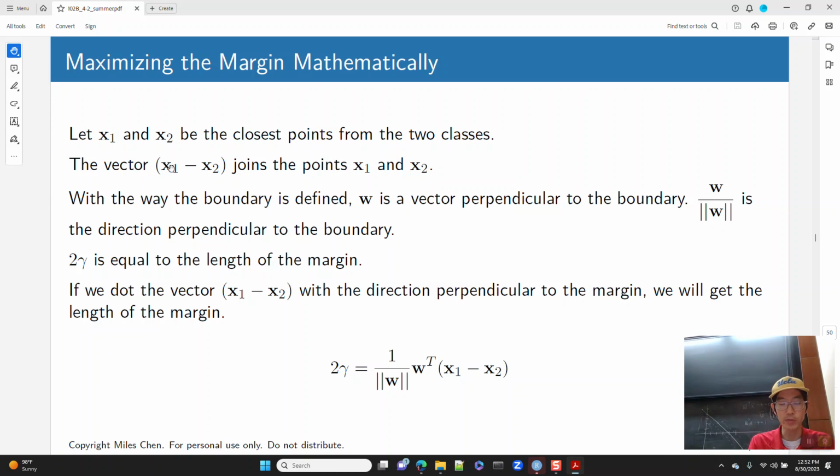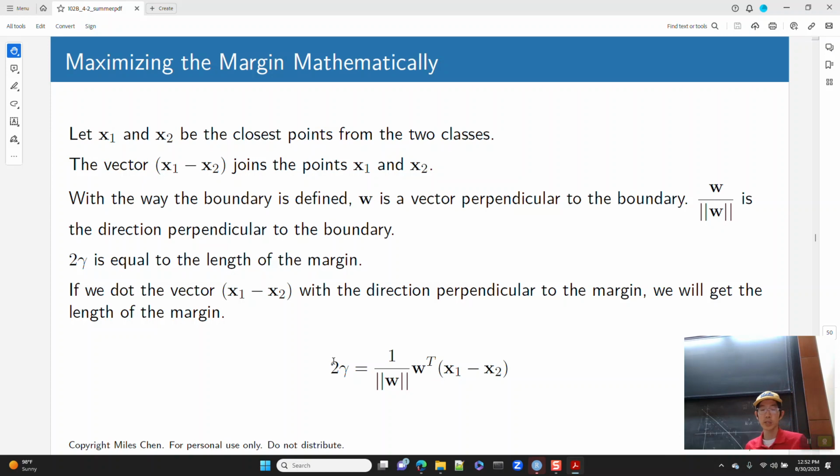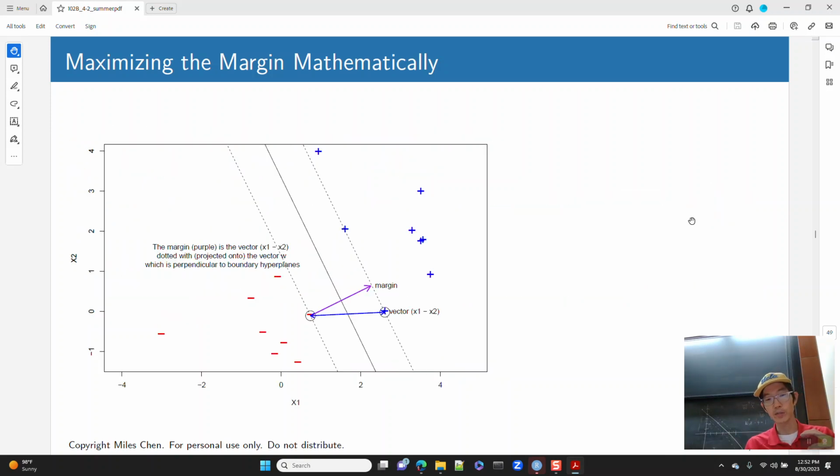So we're going to do that. The vector x1 minus x2 joins these 2 points that exist along the margins. With the way the boundary is defined, w is a vector that's perpendicular to the boundary, and w divided by the norm of w is a unit vector in the direction of this purple vector.